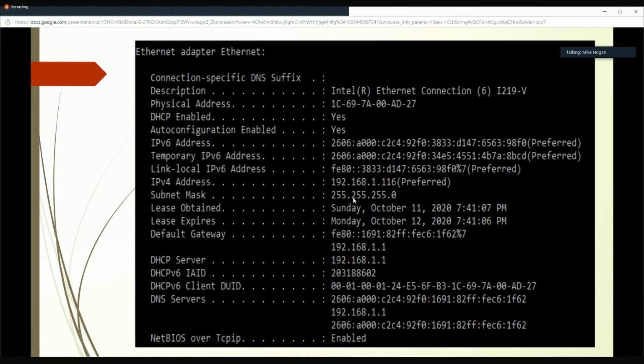The first 3 octets represent our network, so this is the 192.168.1.0 network. Our host is 116 on that network. You can see that we've got a lease. We got a lease October 11, 2020, and it expires the 12th, so we have our DHCP leases going out for 24 hours.